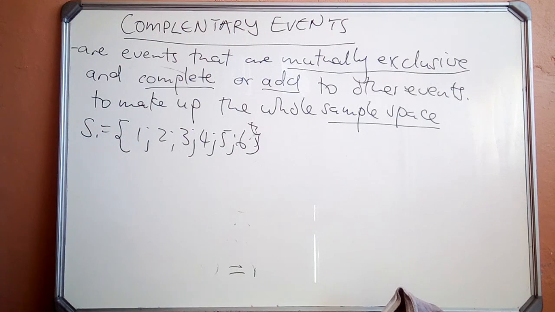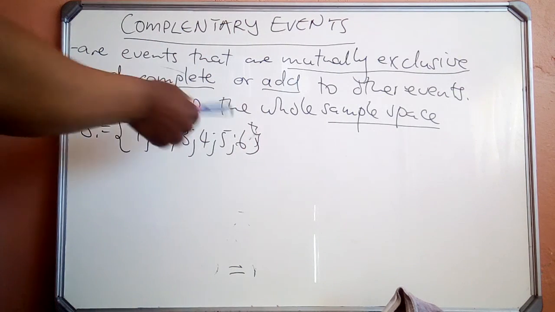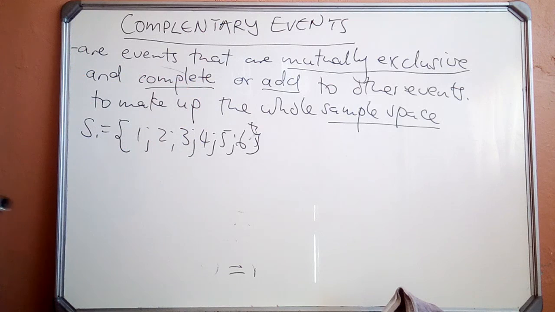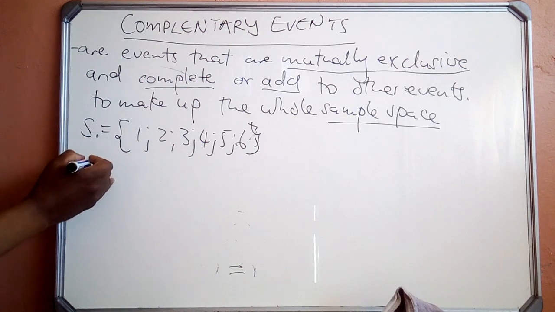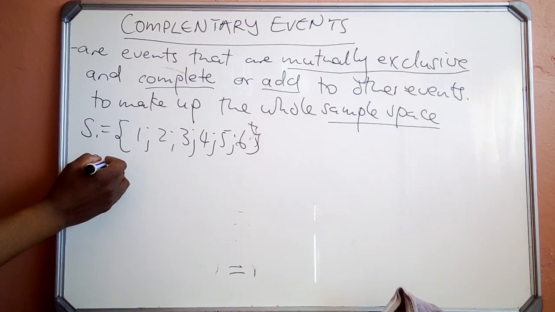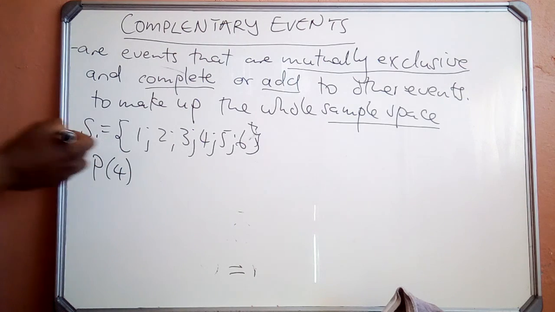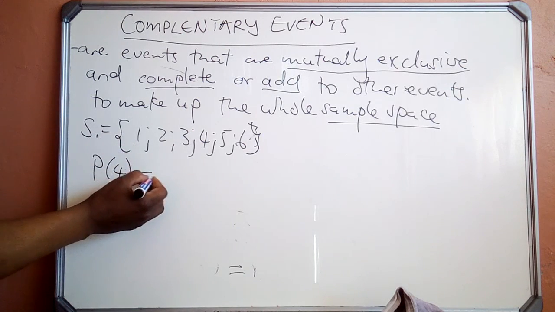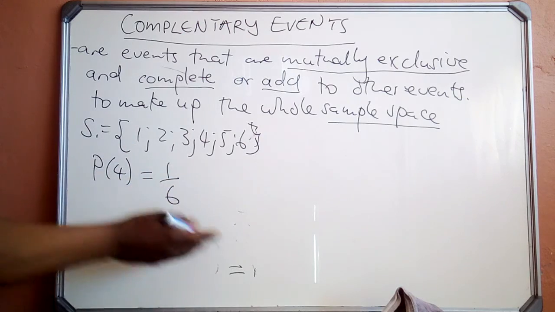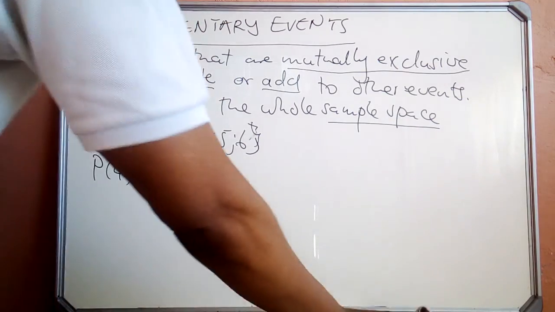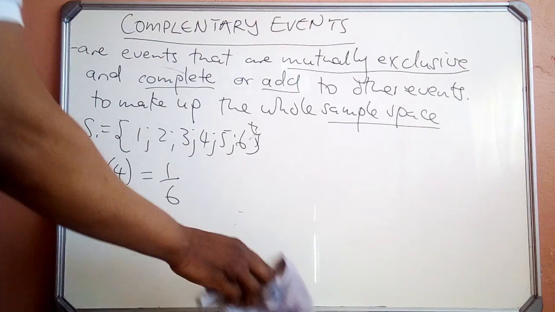Now, what is the probability here of rolling a 4? The probability of rolling a 4 there is equal to 1 over 6, right? That's the probability of rolling a 4.